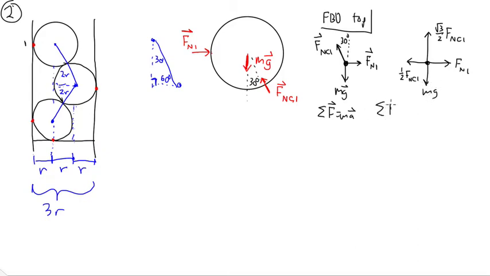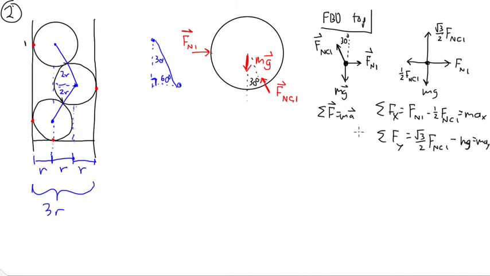Sum of forces x is FN1 to the right minus 1/2 FNC1 to the left, and that's going to equal mass times AX, of course, which is 0. Sum of forces in the y direction, you've got √3/2 times FNC1, and then minus mg equals mass times AY. I'm scribbling this in horribly small, so I apologize for that.